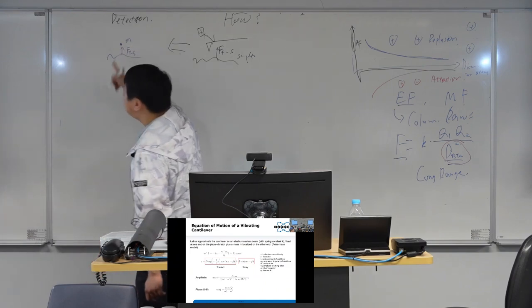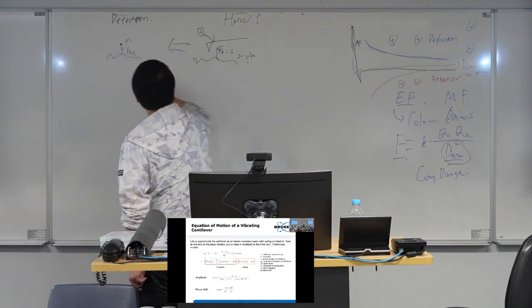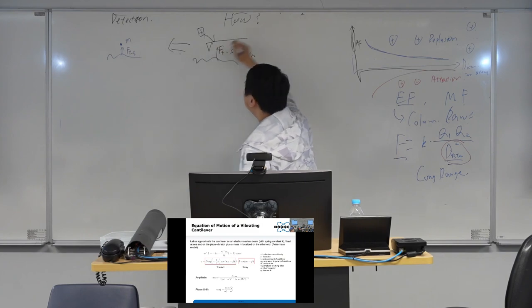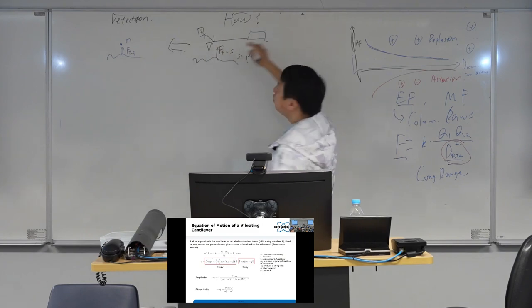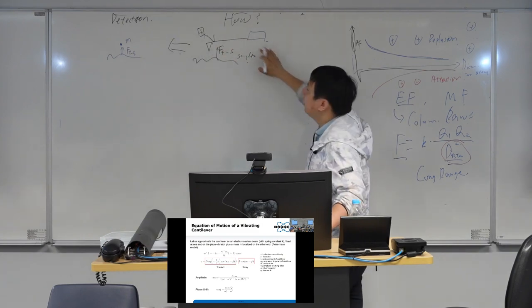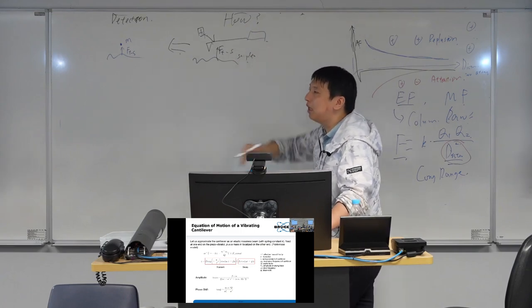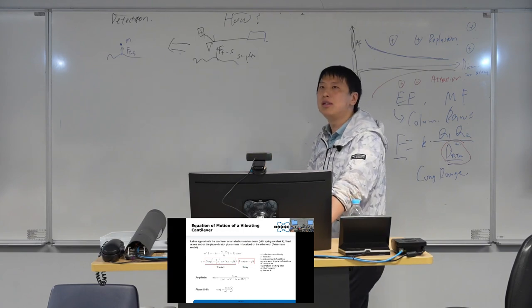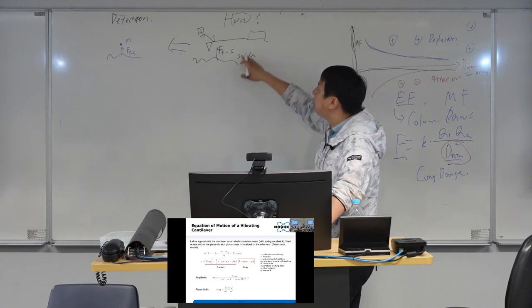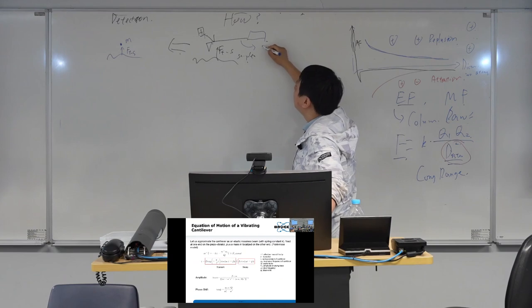We take a look at this probe, because this probe is attached to a cantilever. The cantilever can bend, and the bend of the cantilever will cause what? The cantilever will act like a spring.